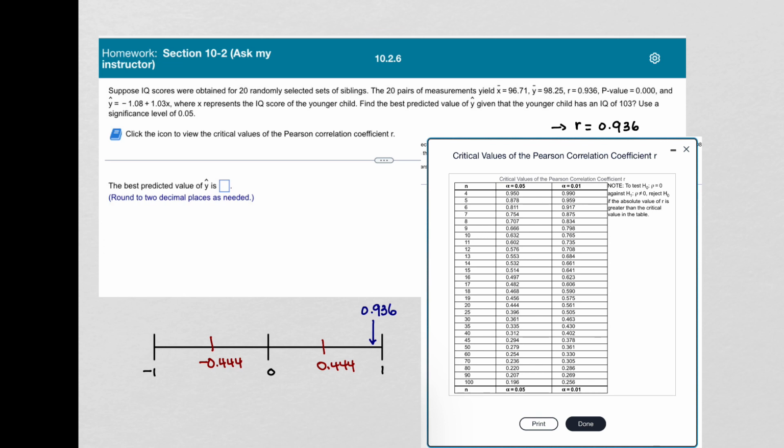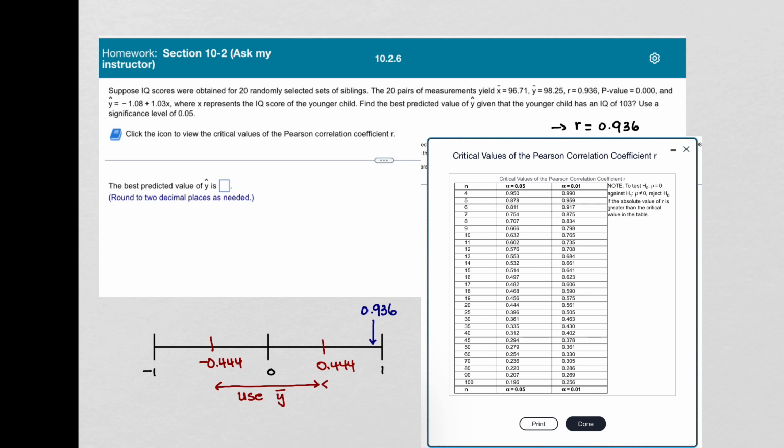So, what does this tell me in terms of how I find the best predicted value for y? Well, when we have this number line, what the critical R values indicate is that if we get a value between those two critical R values, then we want to use the mean of the y values because there's little or no relationship.